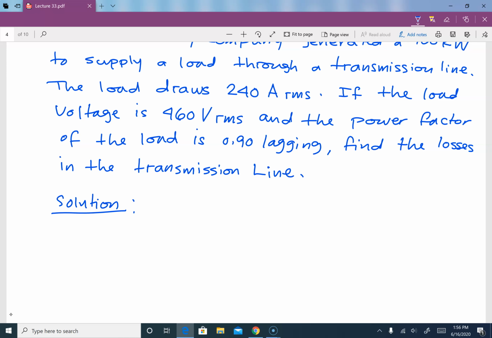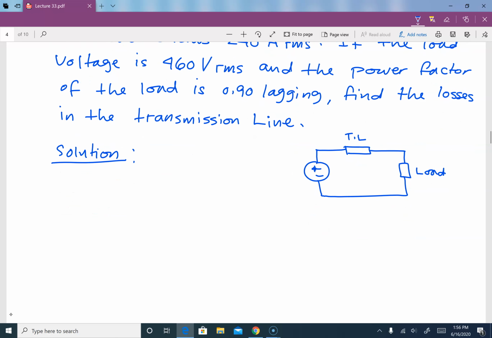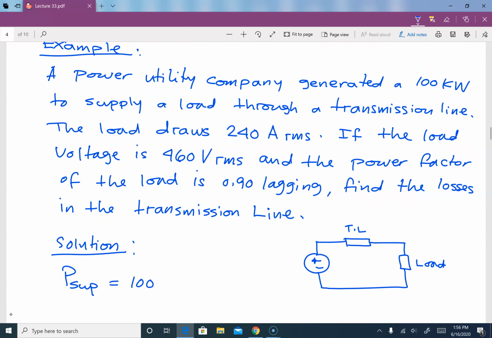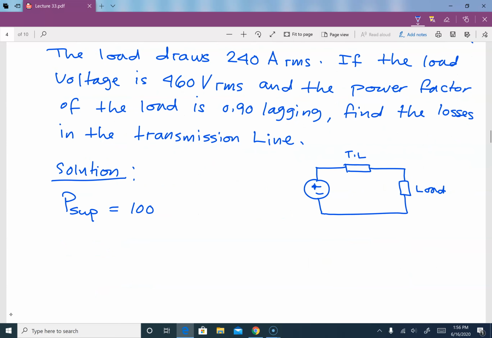So we can put that as a circuit. We have our source here, and this source is going to supply this load, and this is our transmission line. So our P supplied is equal to 100 kilowatt, so that is 100,000 watts.